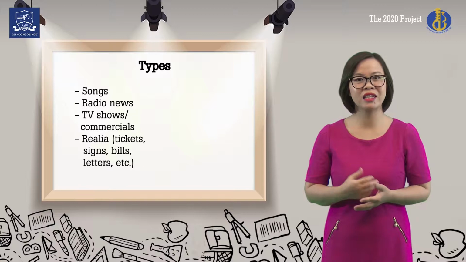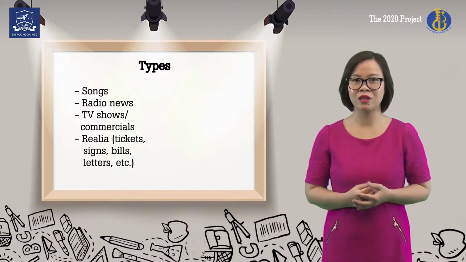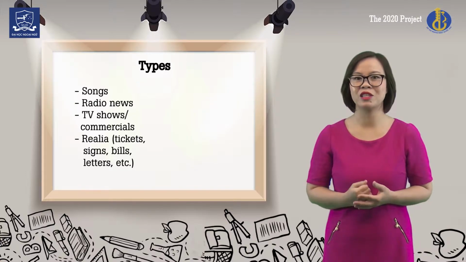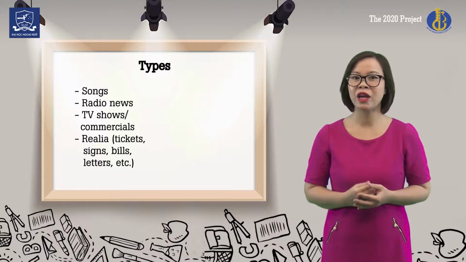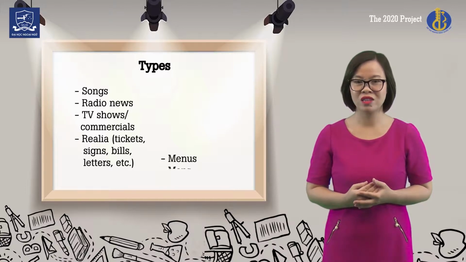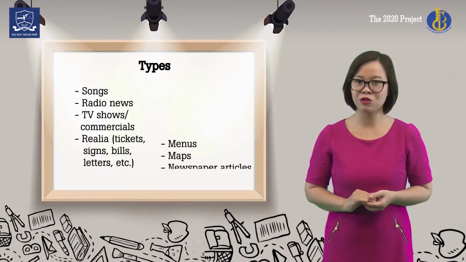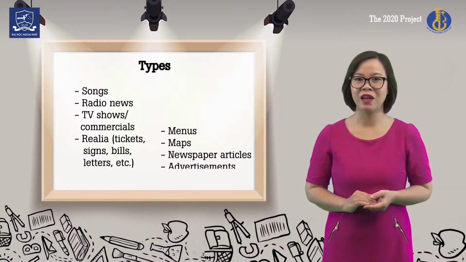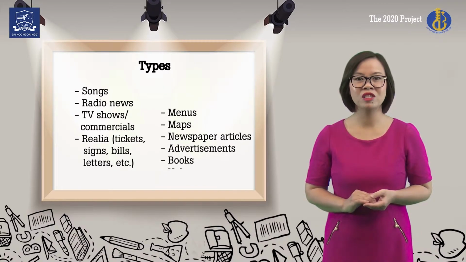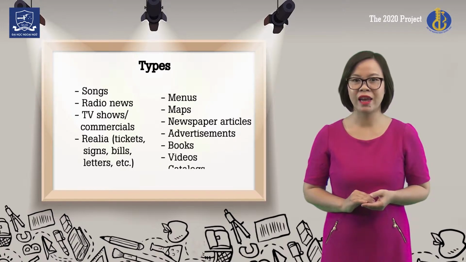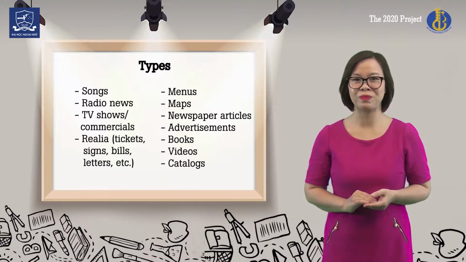Realia can be like tickets, road signs, bills, letters, and so on. You can also see menus, maps, newspaper articles, advertisements, books, videos, catalogs, and so on. As you can see, there are so many kinds of authentic materials. They are available around us.